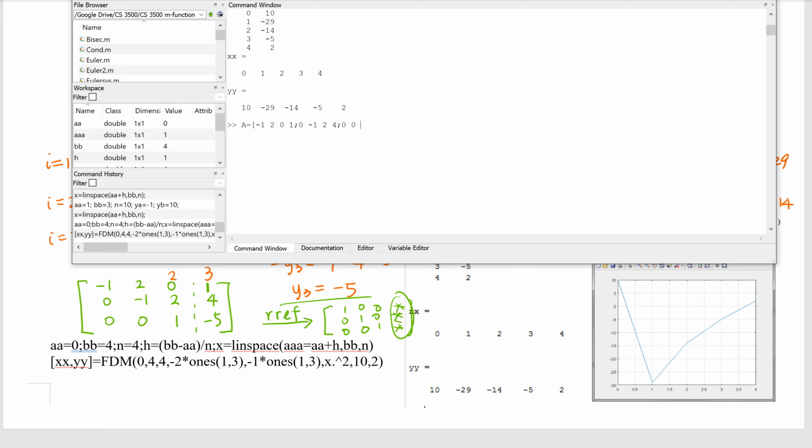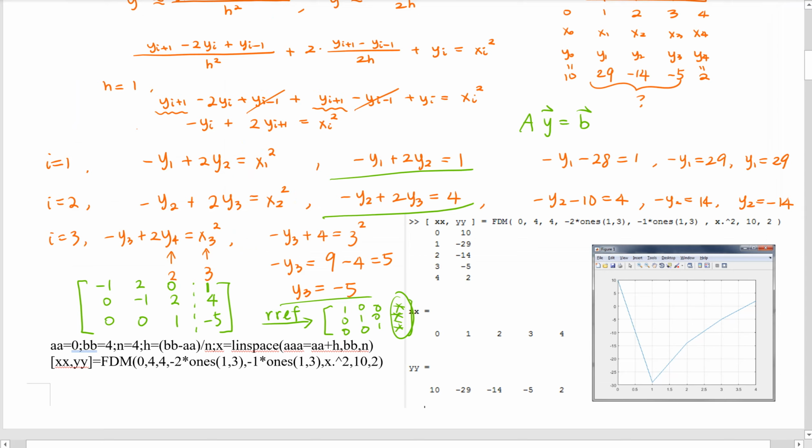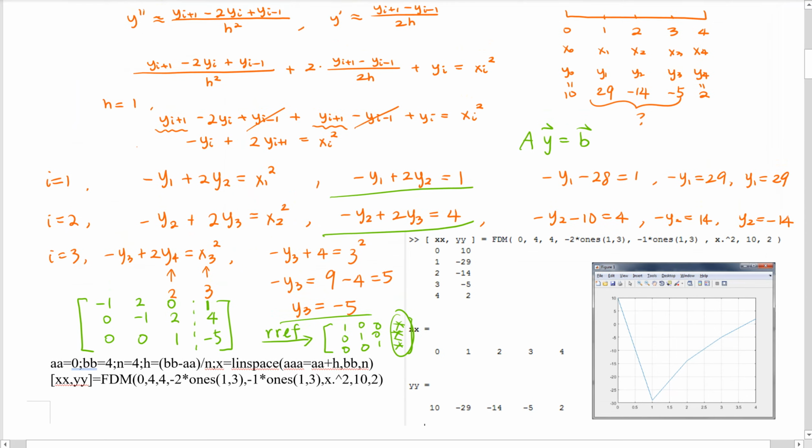Last row 0, 0, 1, negative 5. And brackets. Okay, this is the matrix. If we do reduced row echelon form of A, see? We get y1 is minus 29, y2 is minus 14, y3 is minus 5. And that matches with our answers. So far, so good, everybody?